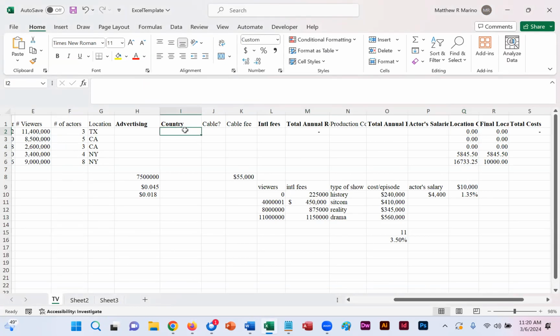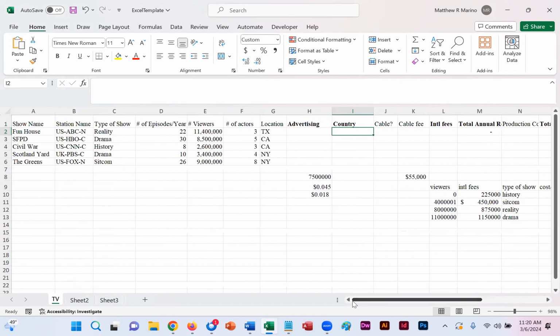So here for country, you're going to use the left function to find out here from station name whether they're US or UK. Okay. And then for cable question mark, you're going to use the right function to see if it's N or C. If it's N, it's not cable. If it's C, it's cable, which is going to help you compute the cable fee here.